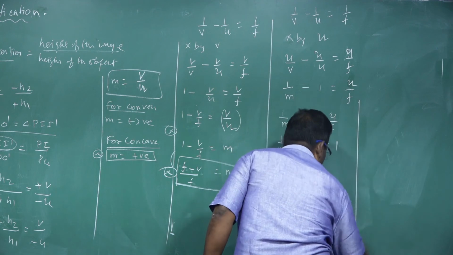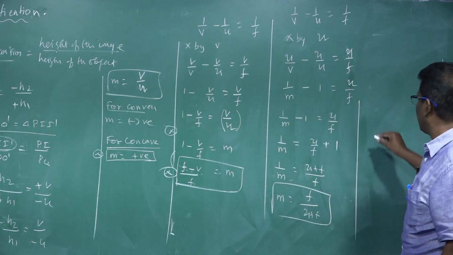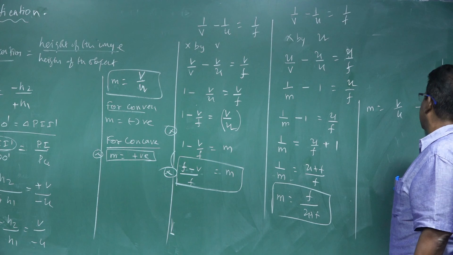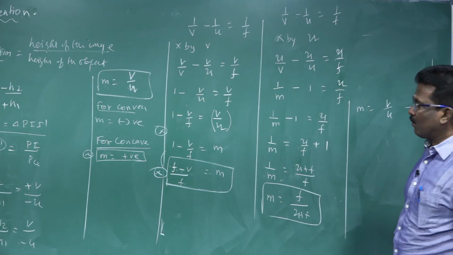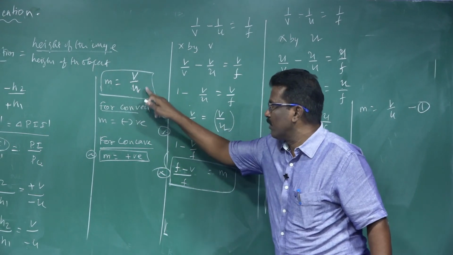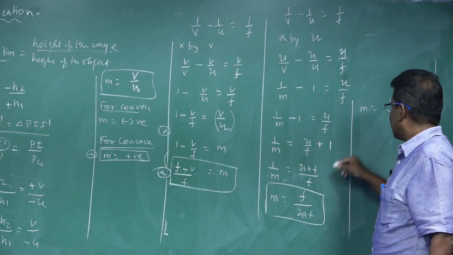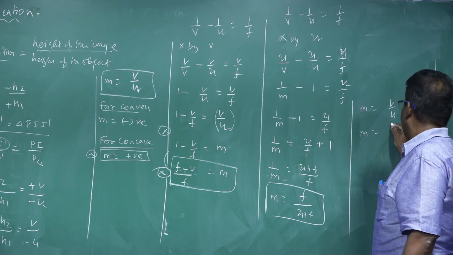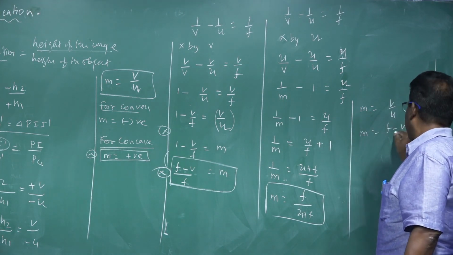So M could be calculated by using three kinds of formula. Formula number 1: magnification M is equal to v by u. Another formula: M is equal to f minus v by f.